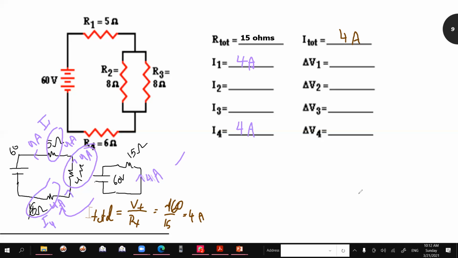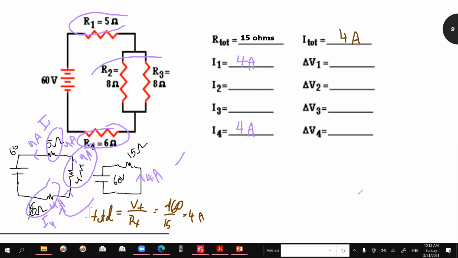Since the 5 ohm, this one here, and the R4 are connected in series, they have the same current, which is 4 ampere, which is the total current. And the resistances that are connected in parallel have 4 ampere.